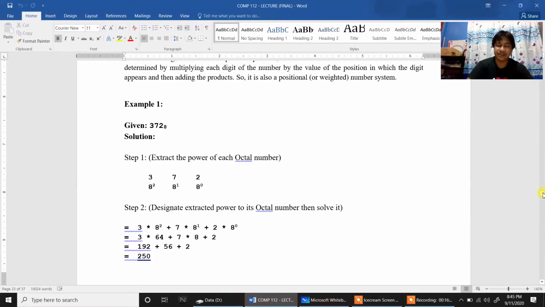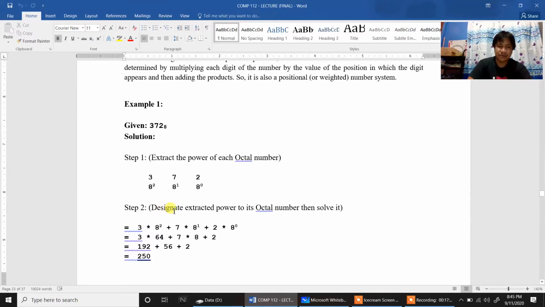Okay, so that's step 1. For example, we have 372 base 8. All you need to do is extract 3, that is 8 to the power of 2, 7, base 8, 1, and 2, which is base 8, power of 0. So any value that is the last, power of 0, automatically just copy.